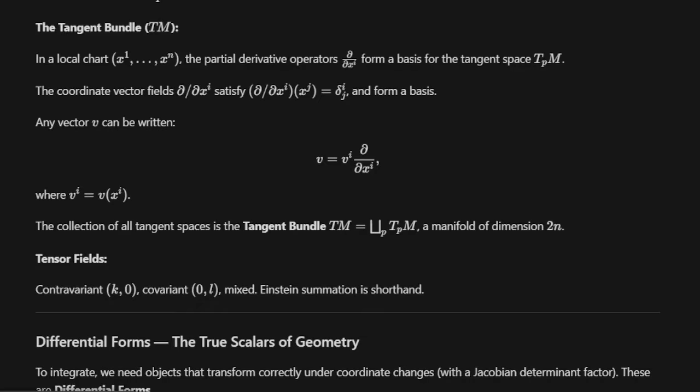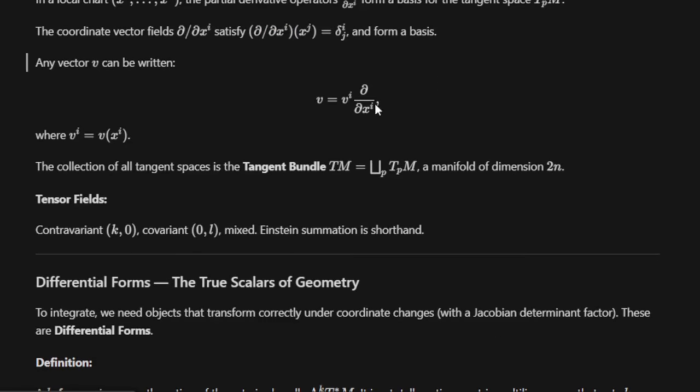Then we have the tangent bundle in a local chart, given that the partial derivative operators form the basis for that tangent space. It would be the collection of all these spaces stitched together. And this is essentially the playground of Lagrangian mechanics, because coordinate vector fields will satisfy that the derivative with respect to x^i, applied to x^j, gives you a Kronecker delta to form the basis, and any vector can be written as such.